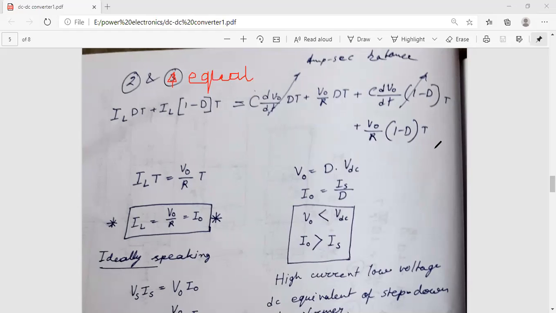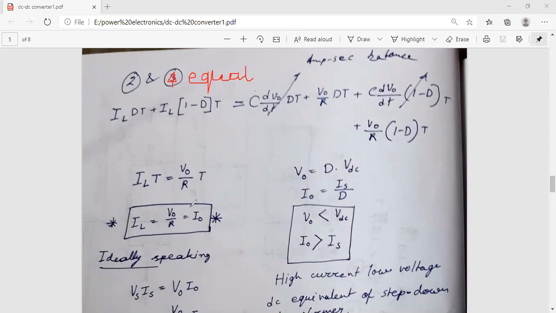These two will be equal, and from that we can get the current value, IL into total time equal to V naught by R into total time. So IL will be equal to V naught by R, and that is actually the output current.